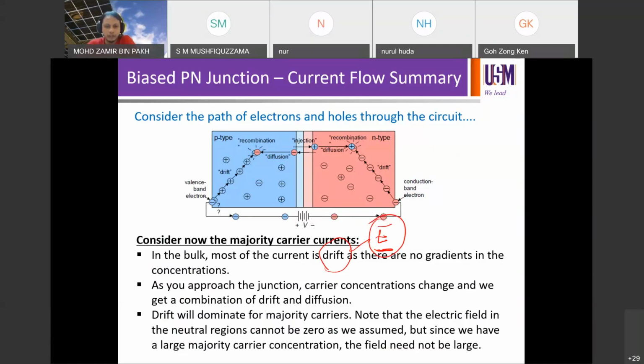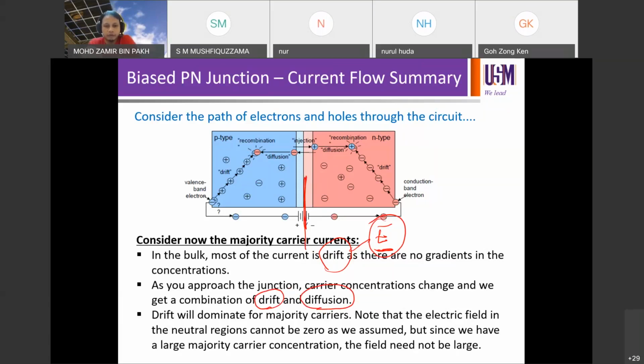So as we approach the junction, the carrier concentration changes, and we get a combination of drift and diffusion. The moment we are close to the junction, we're going to have higher electric field, therefore higher drift, and the carriers are going to start seeing a concentration gradient near the depletion region, near the border of the junction, and therefore we're going to have diffusion as well.